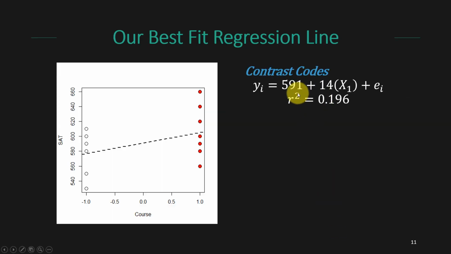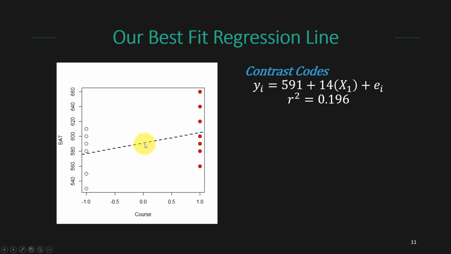So if we contrast coded this, as we explained, those are the parameters that we're going to get here. And you could, in fact, plug that in to double check that it fits with this line. Our intercept is the predicted value of y when x is 0. So if I've contrast coded my variables, x is 0 on average between the two groups. So the mean of the group means is going to be 591, which checks out with our regression line. Now, if I go up 1 point, away from 0, I'm going to get a 14-point increase and get the mean of the course group, which is 605.